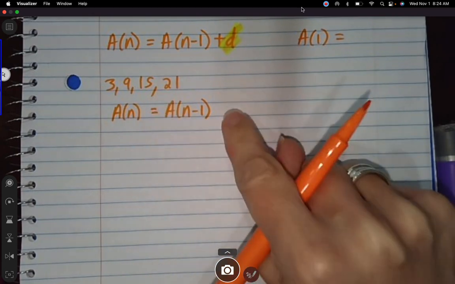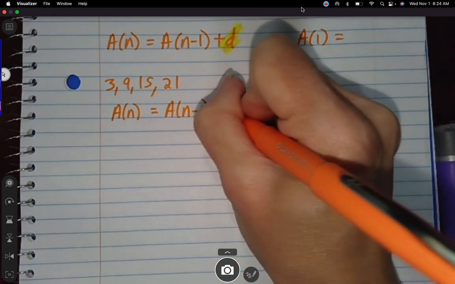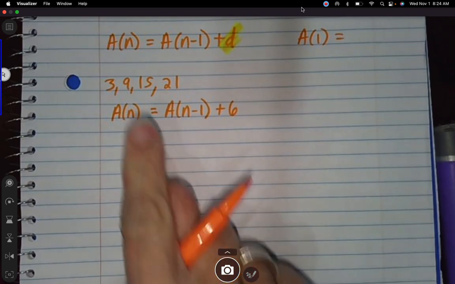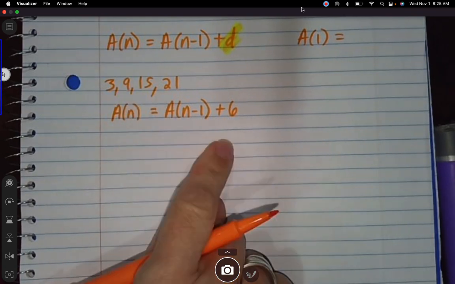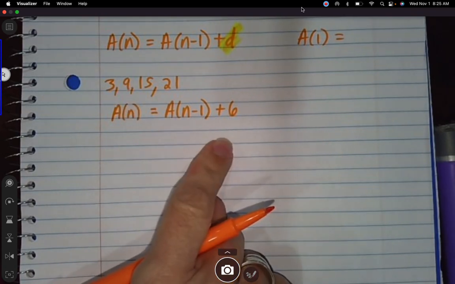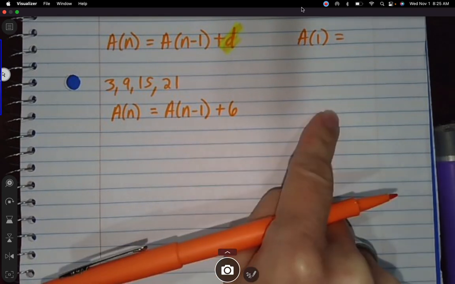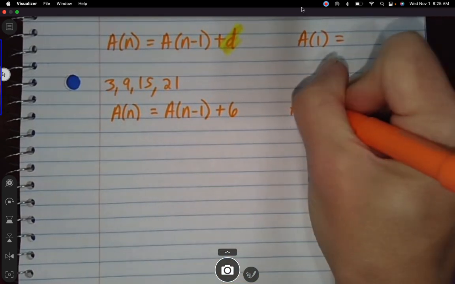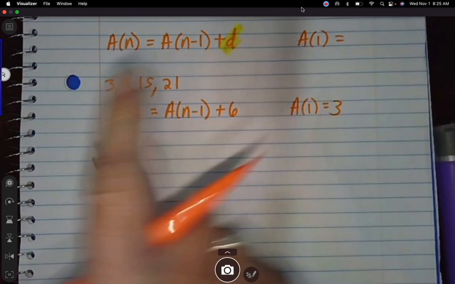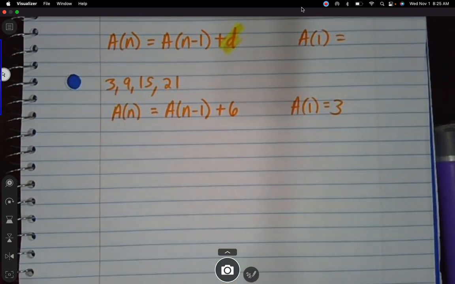So I put right here plus 6. And again, what if I was subtracting 6 every time? What would I put here? Minus 6. Okay? Then what's our first term? 3. That's what we started at. 3. So that's the formula, and include your first term. That all goes together.